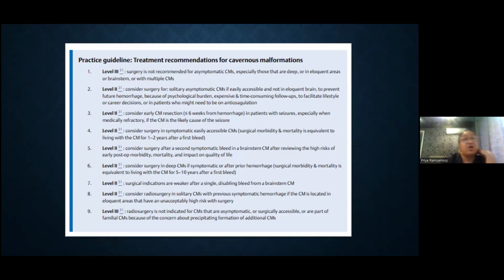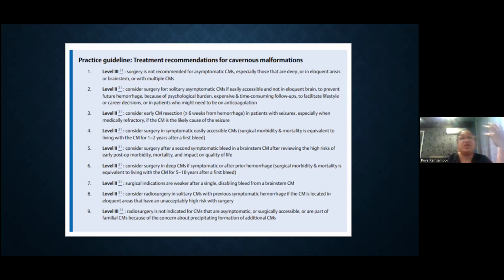So surgery is not recommended for asymptomatic ones, especially those in the deep or eloquent areas of the brainstem. You can consider it for solitary asymptomatic CMs if it's easily accessible and not in eloquent brain. And the reason you're doing that is because you want to prevent future hemorrhage, right? Remember, we say they're bleeding in up to 25% of cases.